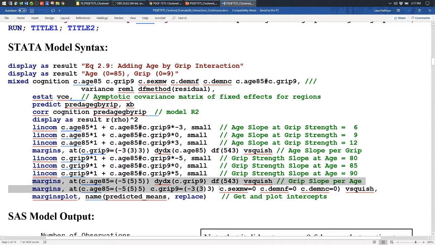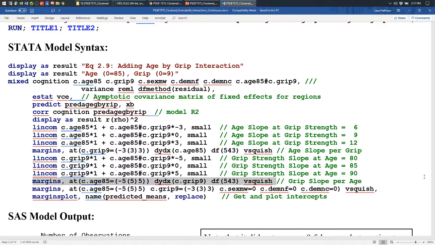This margins right here. Have you seen dy dx before? Any Stata folks? No? Yeah, it's the derivative with respect to x, the idea of simple slopes. So this is asking for the simple slope of grip strength at these levels of age.